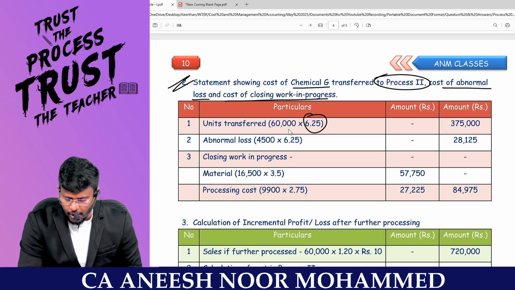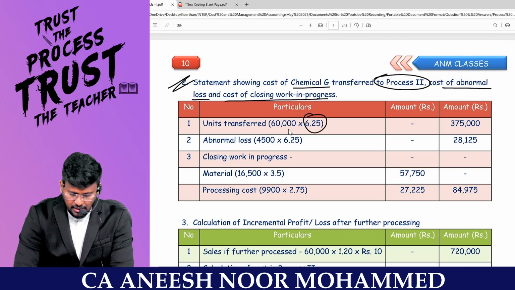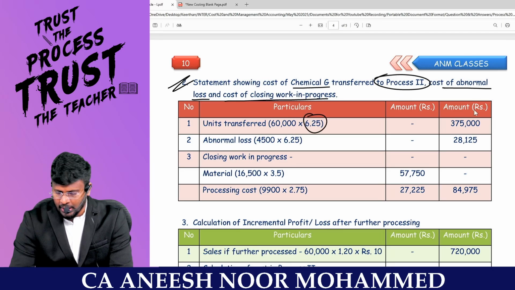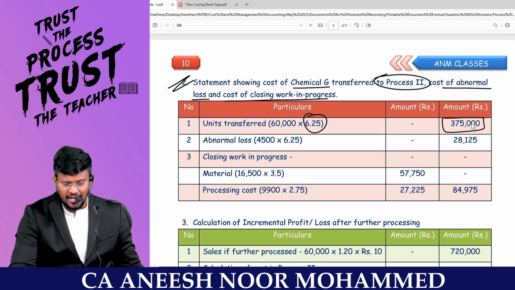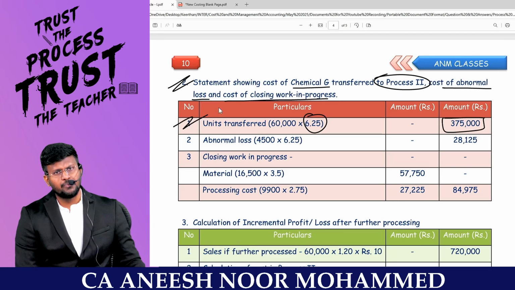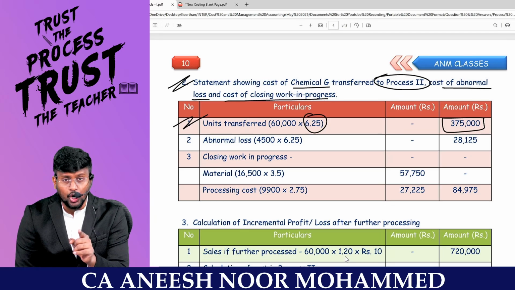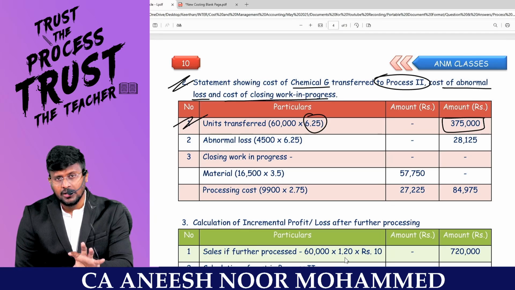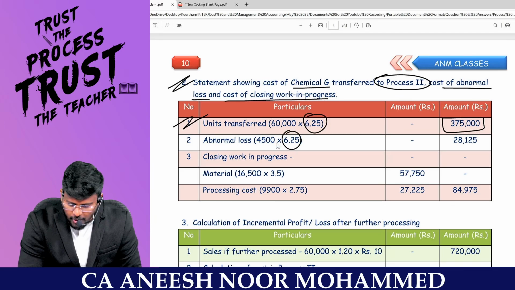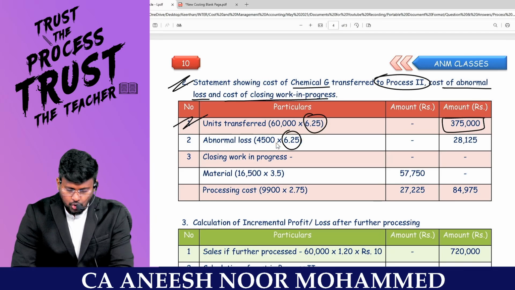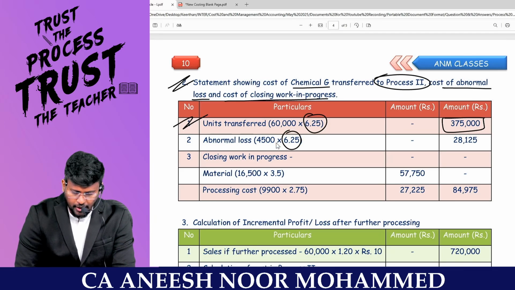Total comes to 6.25. So 60,000 into 6.25 comes to 3,75,000, the answer for the first part. Right. What is abnormal loss? 4,500 kg. Even abnormal loss is fully converted, sir, fully completed. So it should also be valued at 6.25. Correct, sir?